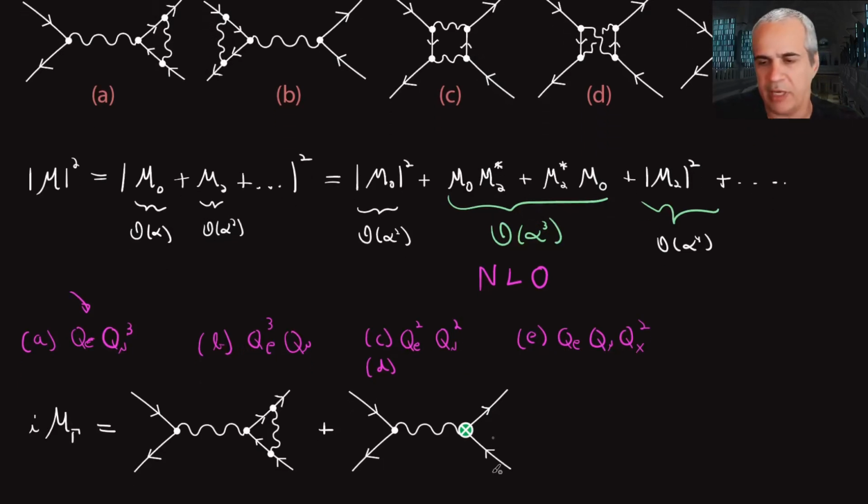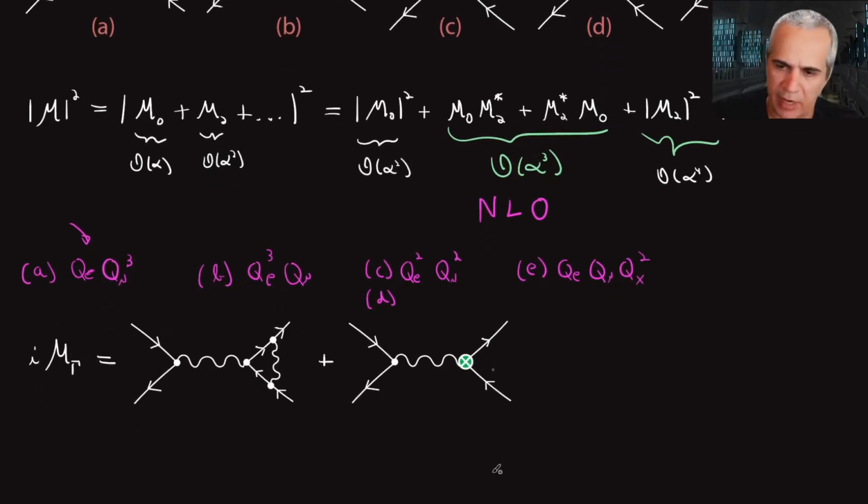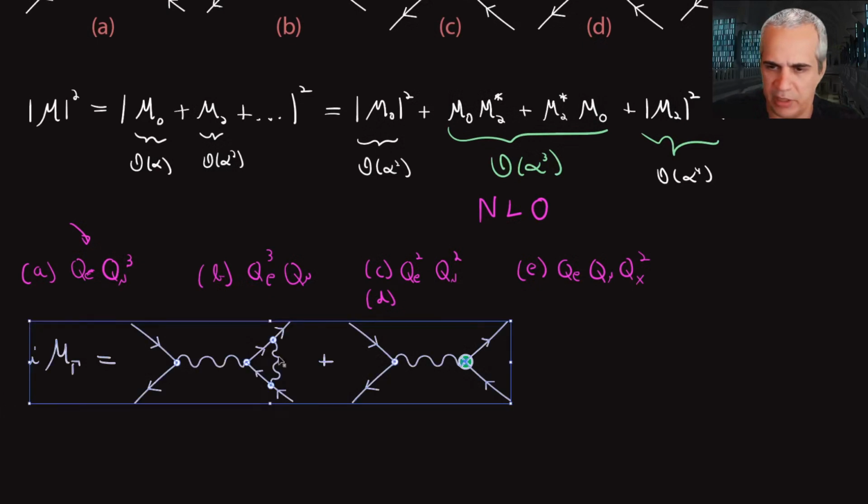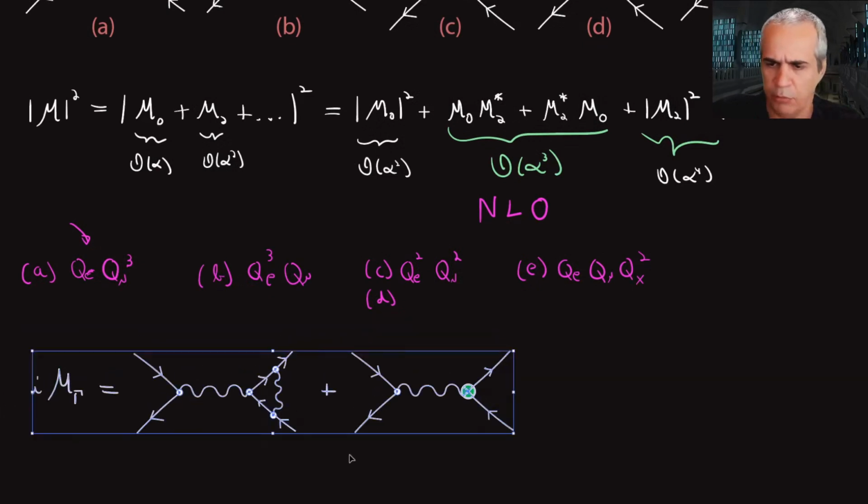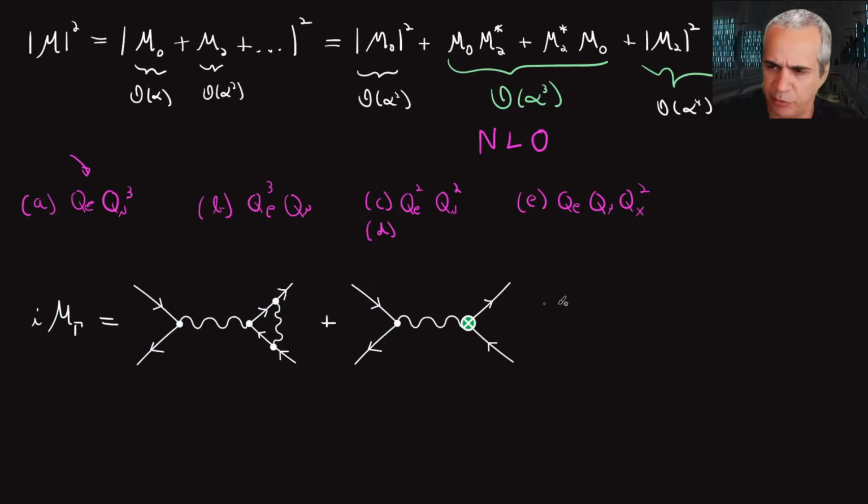We can, in general, without losing anything, write this contribution in this way. The key point here is that most of this diagram does not change. I just have this small part here which is different from the tree-level diagram. So we can write this in a very similar way to the tree-level diagram if we encapsulate the full effect of the loop and the counter term in one small piece.